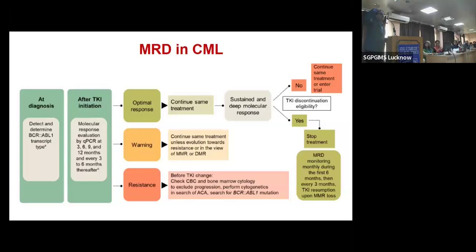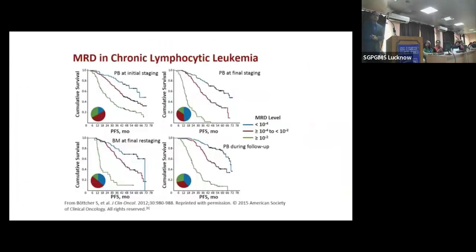If the patient hasn't attained an MMR, major molecular response in CML, then in other words he is MRD positive, and you need to change the TKI based on those reports. So it's very important that, either by molecular or by flow, MRD holds its significance in each and every hematological disorder. Next.